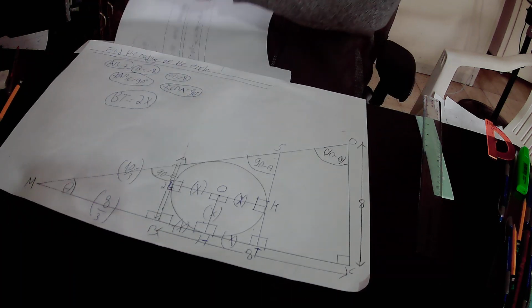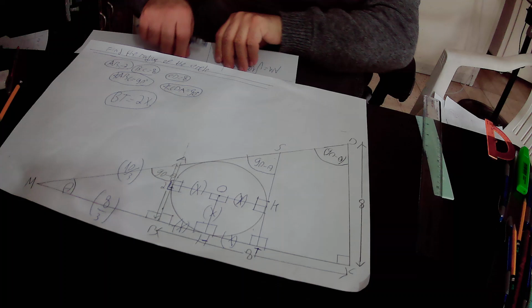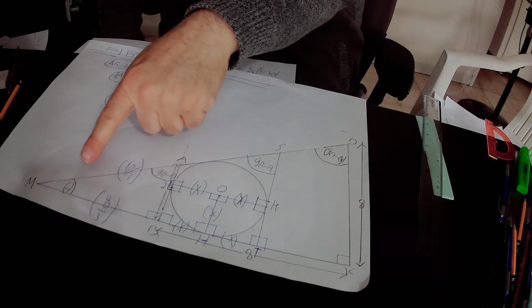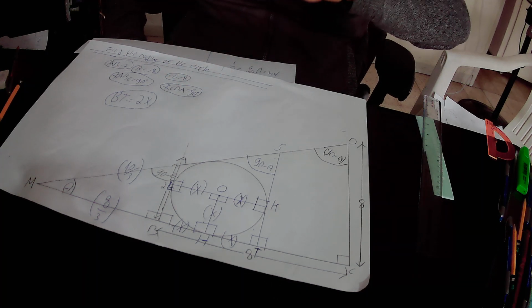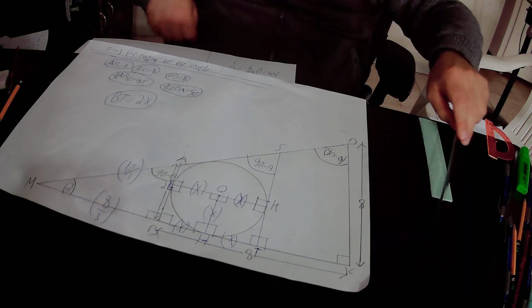In addition, this is angle theta. That is a common angle. It belongs to both triangles. So we can write down that angle theta equals itself as a common angle that belongs to both triangles.